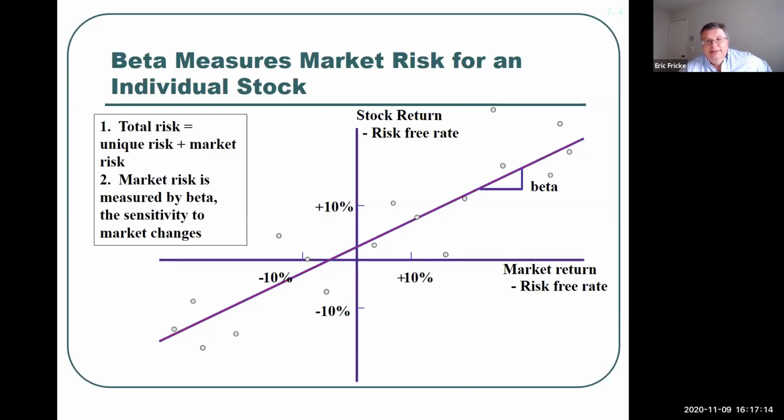And just to remind us, total risk is equal to unique risk plus market risk. Unique risk in this case we're assuming is not there, because we're dealing with the market where investors can diversify away unique risk. So now we're just going to focus on market risk, and that's measured by beta.